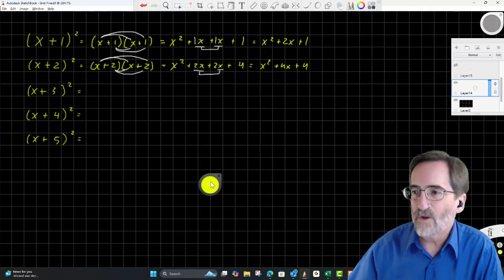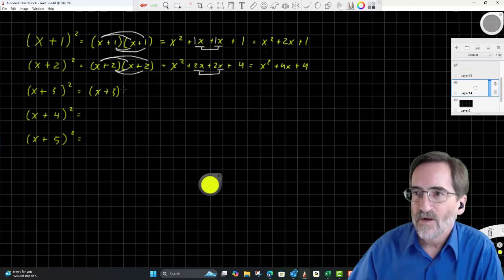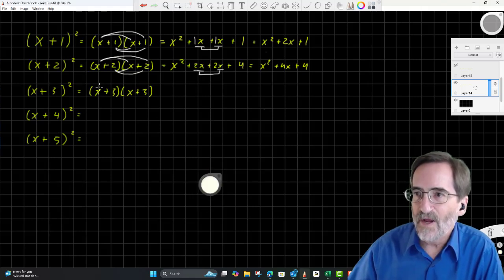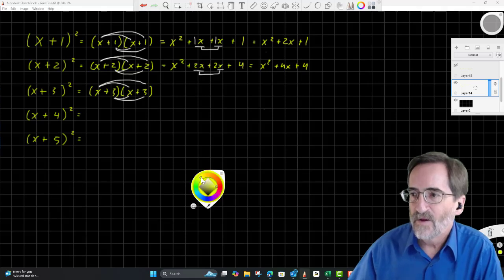I'm going to do one more like this, and we'll see if we can figure out what the pattern is. So x plus 3 quantity squared means x plus 3 times x plus 3. Multiply it out. X times x, x times 3, 3 times x, 3 times 3. We get x times x is x squared.